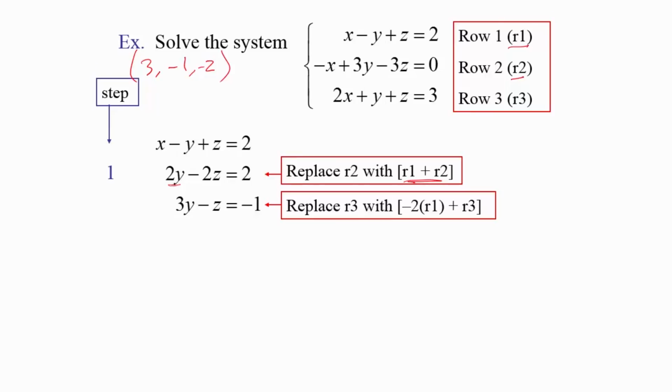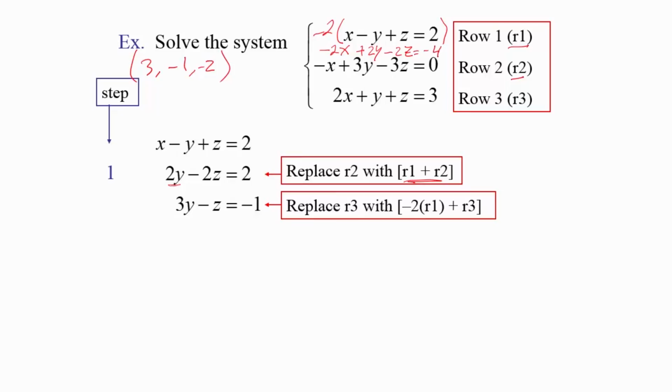So let's do that. Minus 2 times R1 would be what? Minus 2 times everything. So it would be minus 2x plus 2y minus 2z equal minus 4.